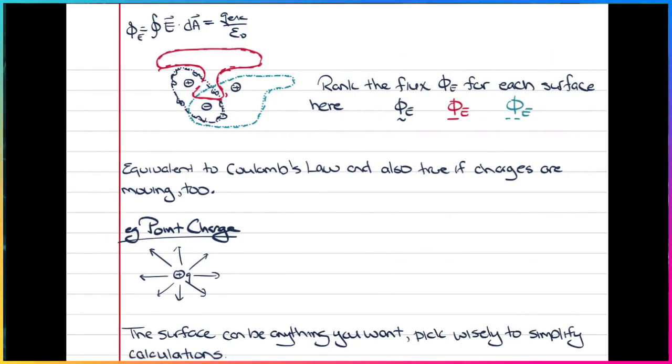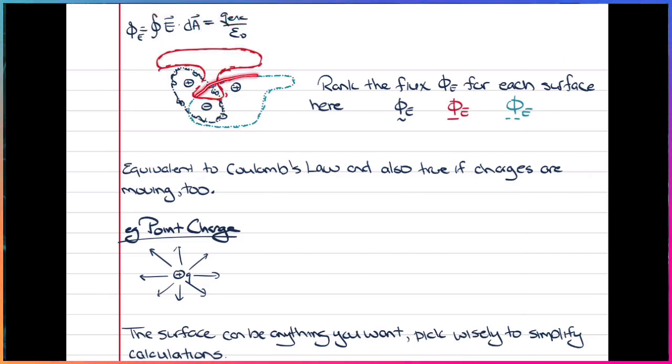So I could ask this problem up here. I have kind of a plus and a minus, and then I've drawn three surfaces. This is in 2D, but you can imagine doing this in 3D. And I said, rank the flux for each surface here. Which one has more flux than the other? If I look at the red, it has no charge inside of it, so the flux, which is equal to the charge inside of it, is 0.